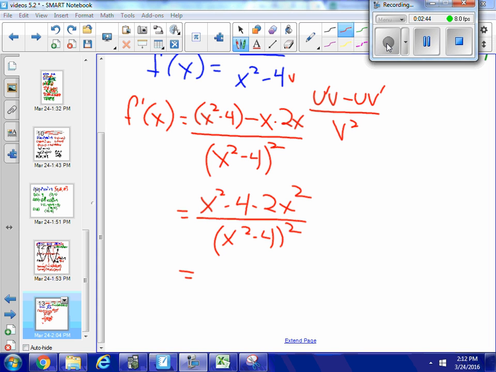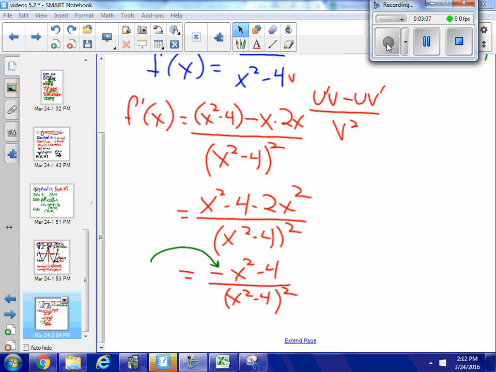That looks like it equals negative x squared minus 4 divided by x squared minus 4 squared. There is nothing else I can do to simplify this. I know it looks like it should be simplifiable, but this negative sign right here in front of the x squared makes it so that I wouldn't have the same sign to be able to cancel out an x squared minus 4.